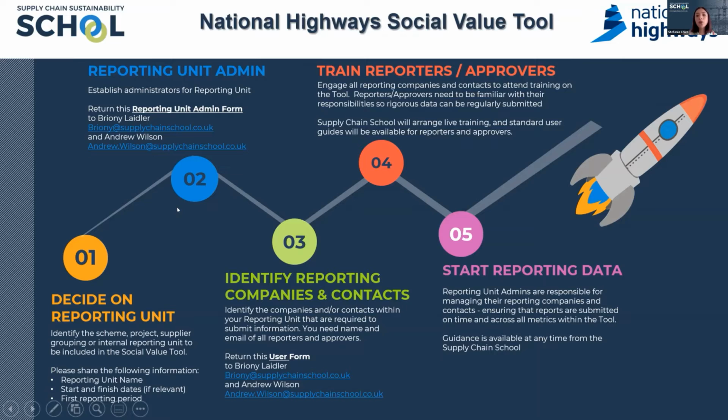your organization will need to establish who the administrators are going to be, if they haven't done so already. So there is a user form that you can fill out and that you can share with Bryony and Andrew so that they give the right credentials to administrators.